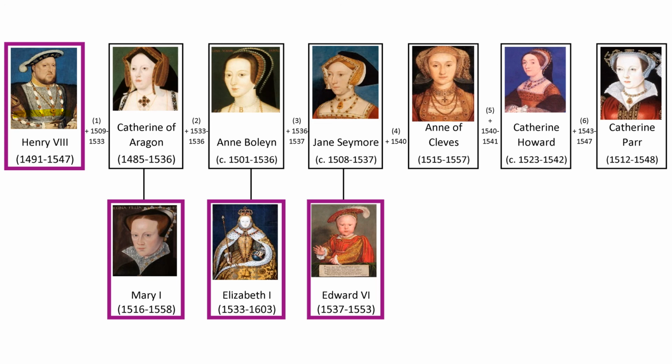Edward will ascend to the throne, but die young with no heir, leave the throne to his cousin Lady Jane Grey, and Mary will wrest power away from Jane and attempt to restore England to Catholicism by burning heretics at the stake. When she dies with no heirs, Elizabeth becomes the reigning monarch and sees the first British colonies in America come to fruition.